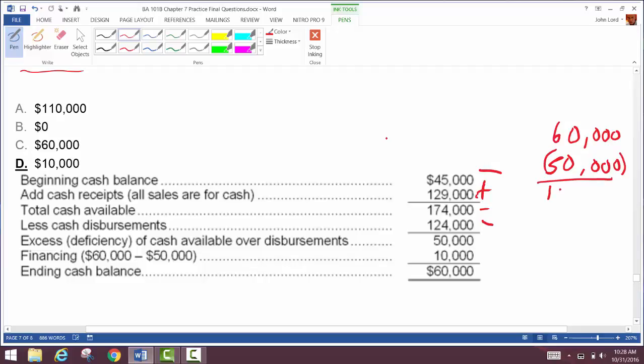I just always like to do the little side calculation once I figure out what the cash surplus or shortage is going to be, and then versus the needs. If you try to do it all in the table, I start staring at those tables at the bottom, like, what did they do down here? So I find it a little easier just to do a little side calculation. Okay, good.